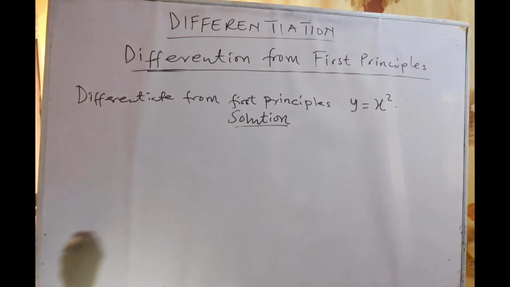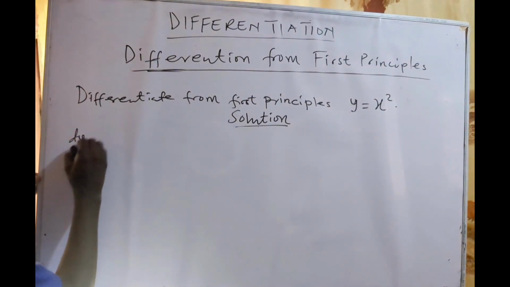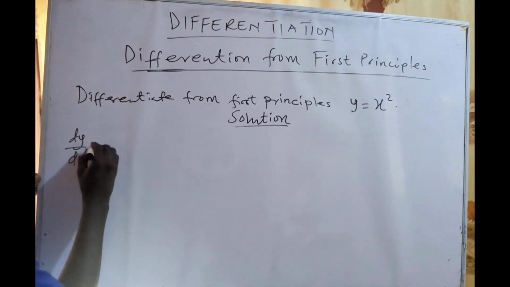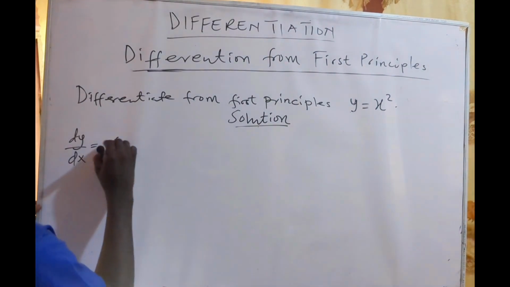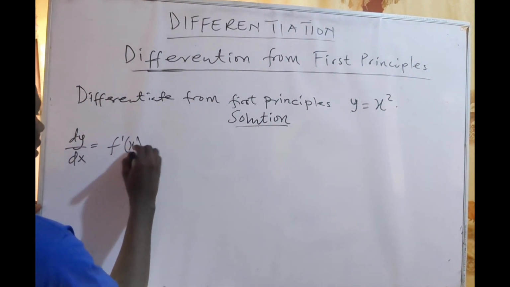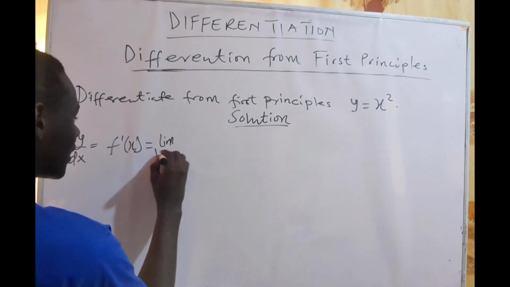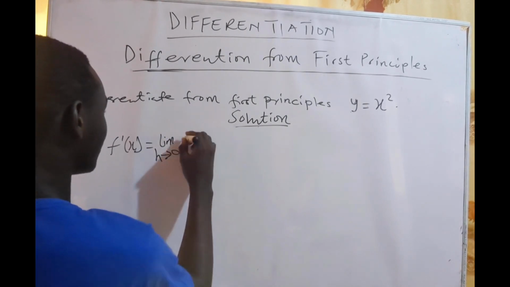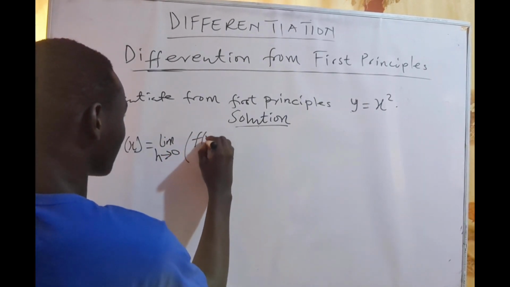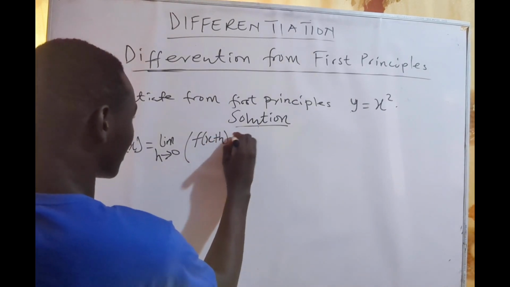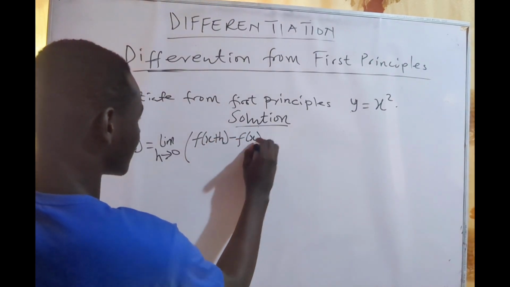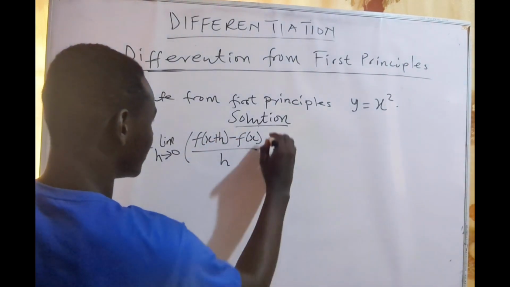So the formula for the first principle is dy dx, or f prime of x, is equal to the limit as h approaches 0 of f of x plus h minus f of x, all over h.